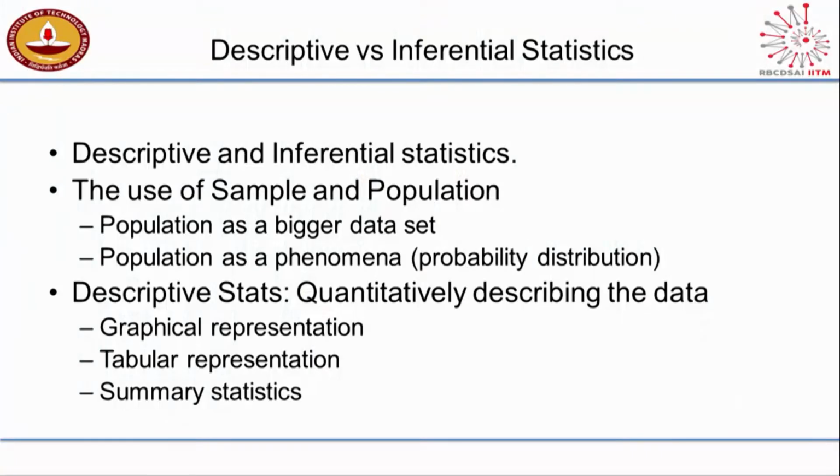That's your descriptive statistics. With inferential statistics, you're doing something very different. You're going back to this probabilistic framework, where you had this random variable and you had variates. There are two ways of thinking about it. One is to think of there being a large data set, which is a population, and what you have is a subset.